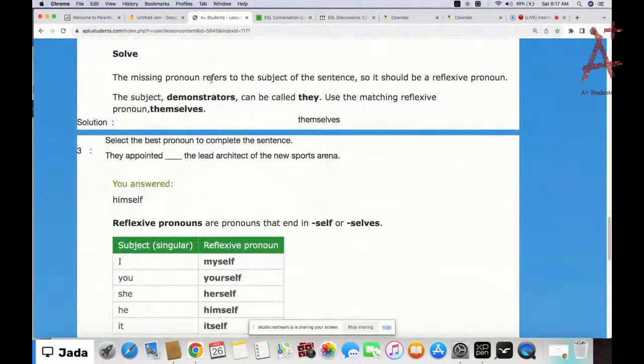You could say "they stationed themselves outside." So "themselves" will be the perfect reflexive pronoun, because if you remove the demonstrators, you can substitute the plural subject "they," and then it's going to be "themselves."